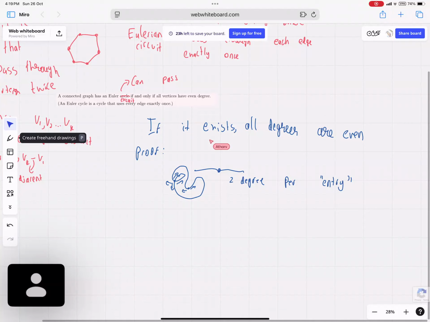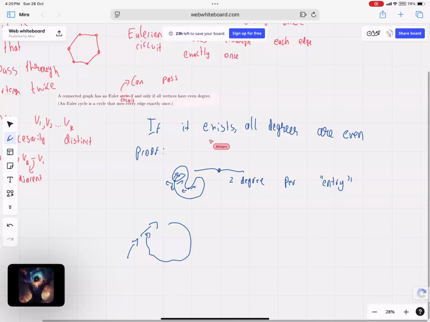It's not forced that we return eventually to the starting point. We could go this way and come all the way around here, and it's not exactly a cycle. Can't we just consider the point where we came back as the starting point of the cycle? Yeah, that is a cycle, but it doesn't pass through every edge. These edges are still left out. Okay, right. You need every edge.